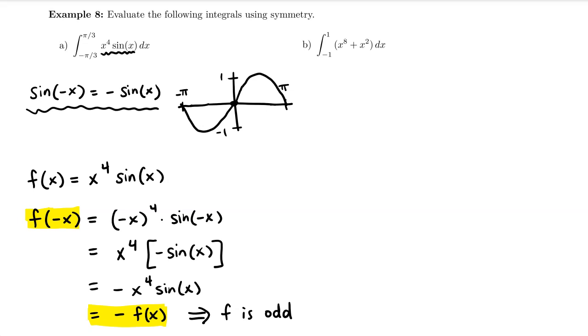So because the function that we're integrating is odd, and because our limits of integration satisfy that property that we're looking for, we can conclude that the definite integral from negative pi over 3 to positive pi over 3 of x to the 4th times sine of x dx is equal to 0.